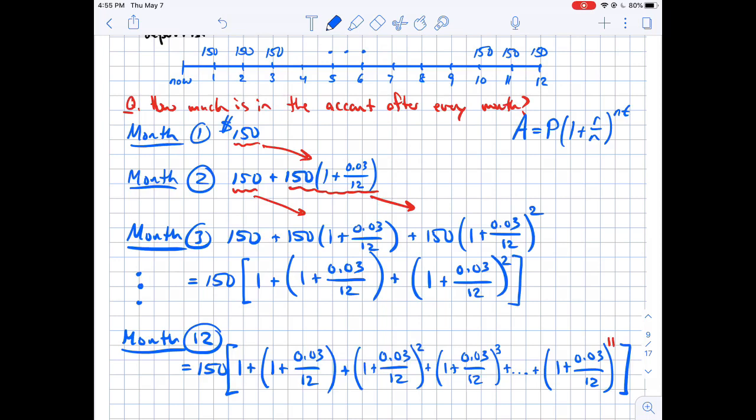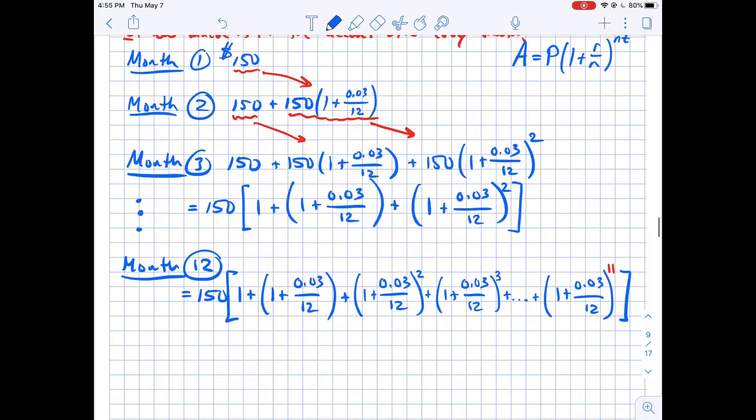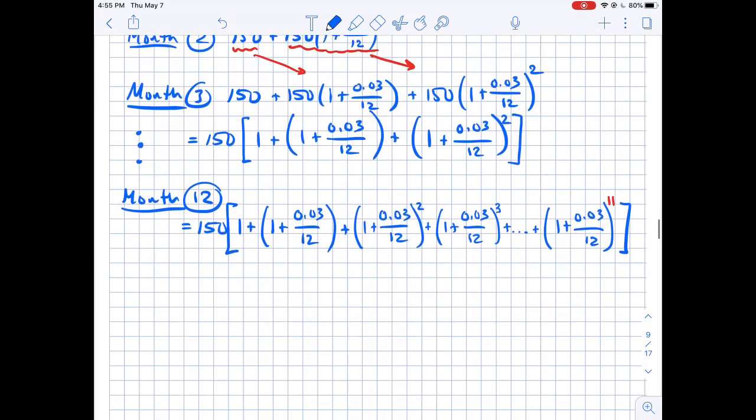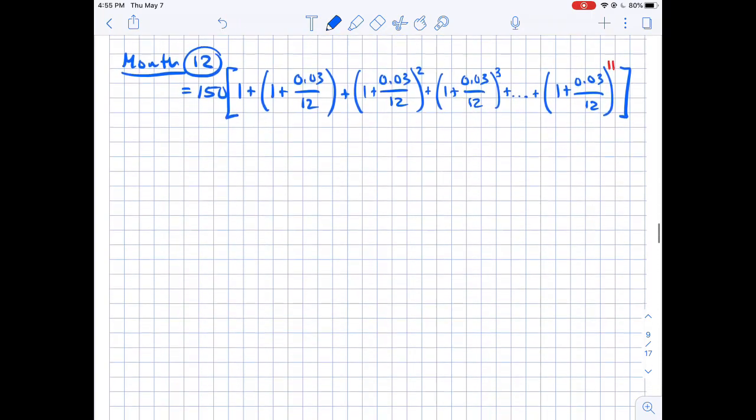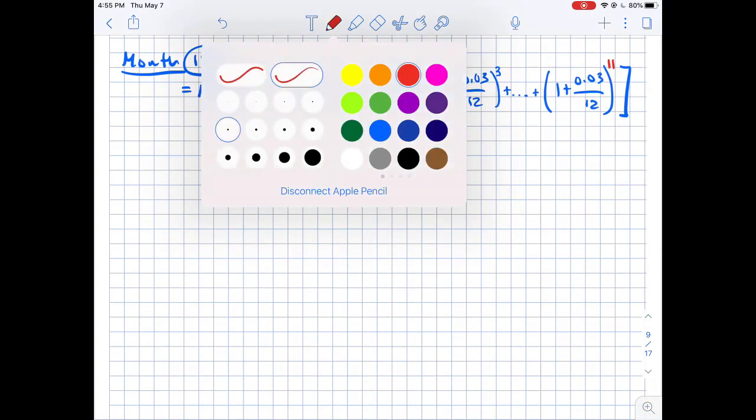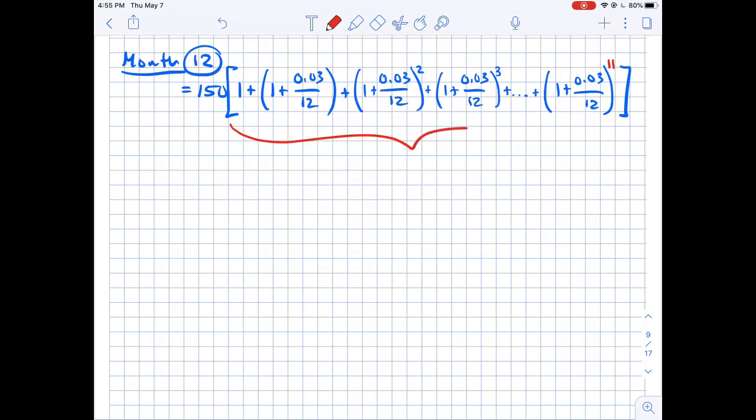Okay, except that nobody wants to add up all 12 of these terms. And so this is where we're very grateful that we have looked at geometric series. Because if I focus on just what is in the brackets right here, first of all, this is a geometric series. And I notice that because to get from one term to the next, all that I'm doing is multiplying by a common ratio.